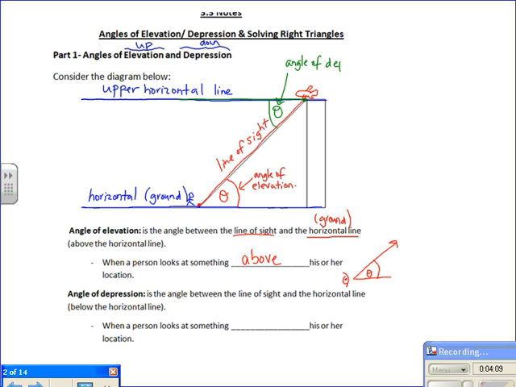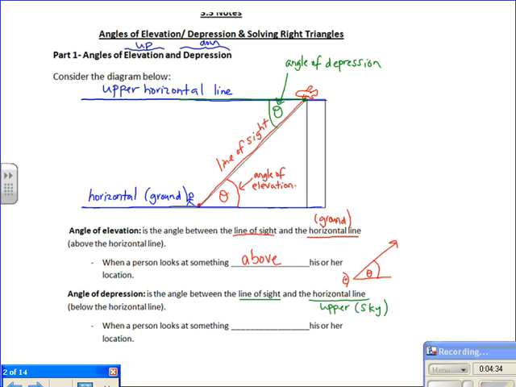So an angle of depression or elevation is always between the line of sight and a horizontal. So in the case of an angle of depression, it's the angle formed between the line of sight and an upper horizontal line. So it could be a line in the sky, for example. And the angle is going to be the angle that's formed right in between those two.